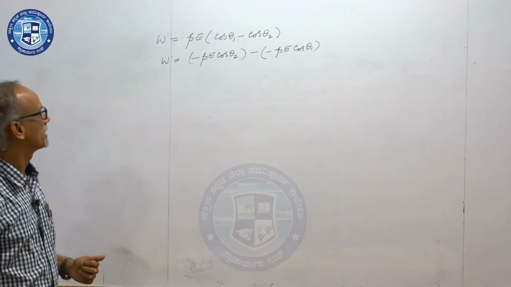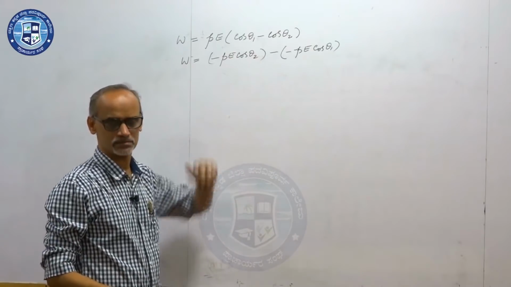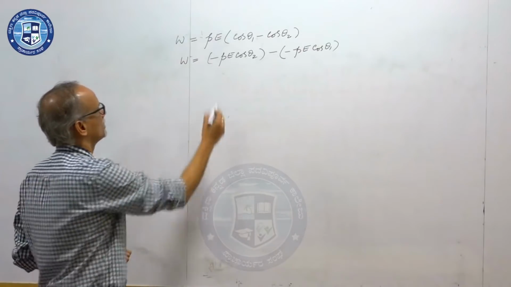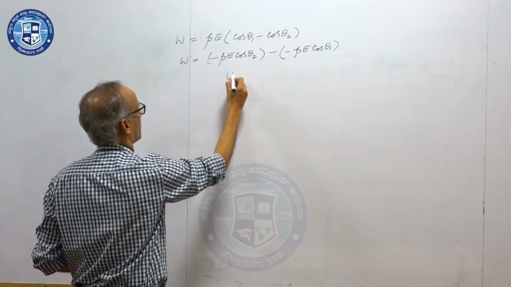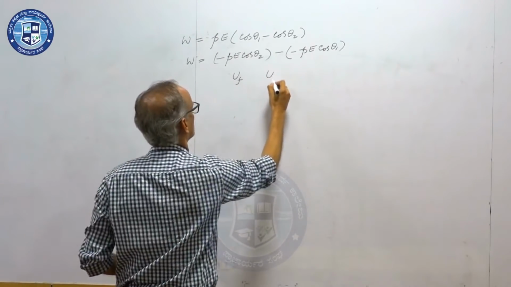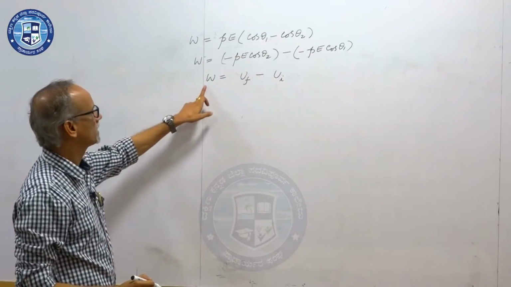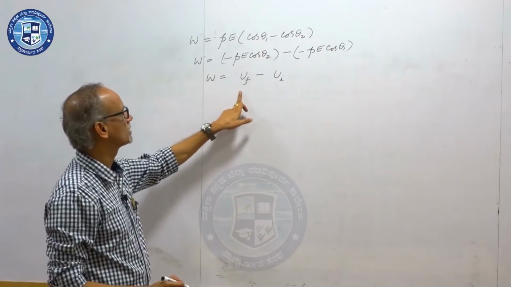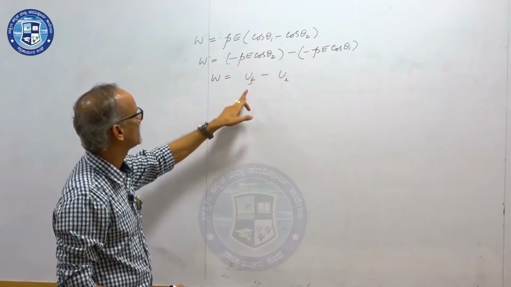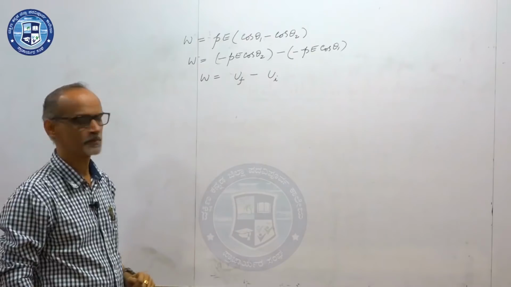As we know from the work energy theorem, work done is equal to change in energy. That energy can be in any form, potential, kinetic. So, if I consider this term as the final and this as the initial, then work done is equal to change in potential energy, where this term represents the final potential energy and this term refers to the initial potential energy.